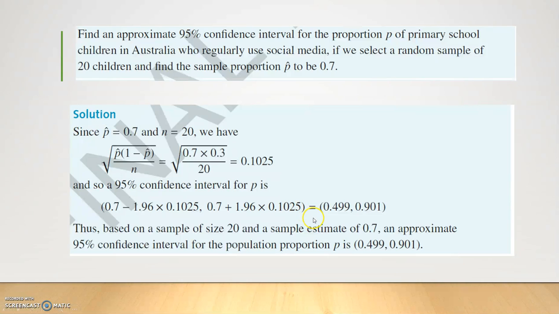And this means that the 95% confidence interval has a lower limit of 0.499 and an upper limit of 0.901. This means that based on a sample size of 20 and a sample estimate of 0.7, an approximate 95% confidence interval for the population proportion P is 0.499 to 0.901.